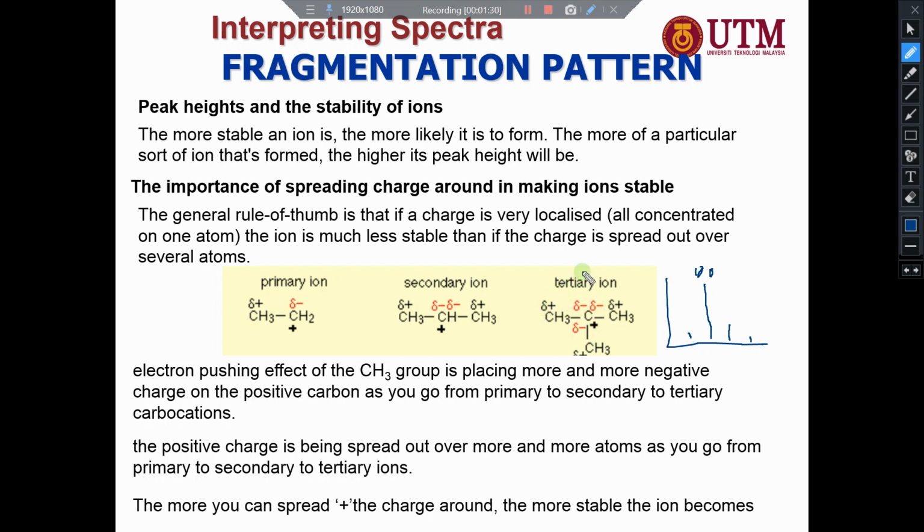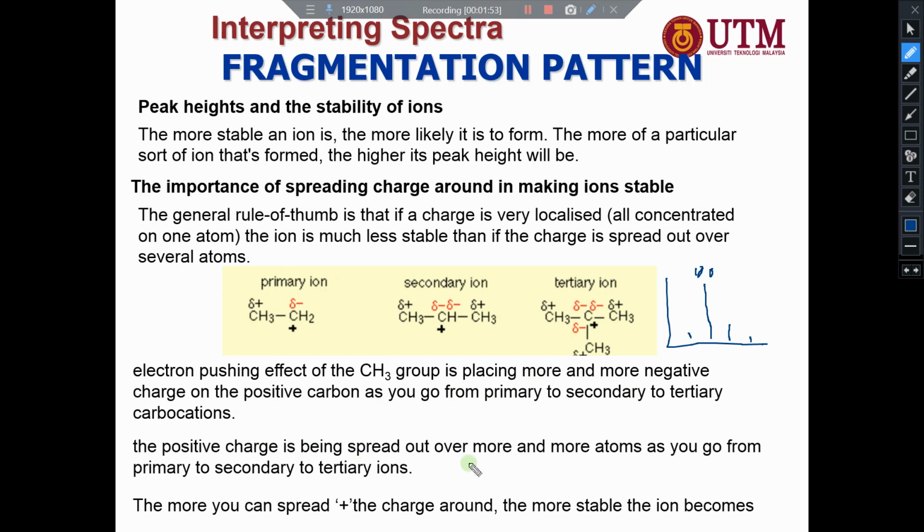So if we look here, the tertiary ion is much more stable and should be more abundant. Here, this is probably the tertiary ion, here is the secondary ion, here maybe the primary ion. The electron pushing effect of the CH3 group places more and more negative charge on the positive carbon as you go from primary, secondary to tertiary carbon.